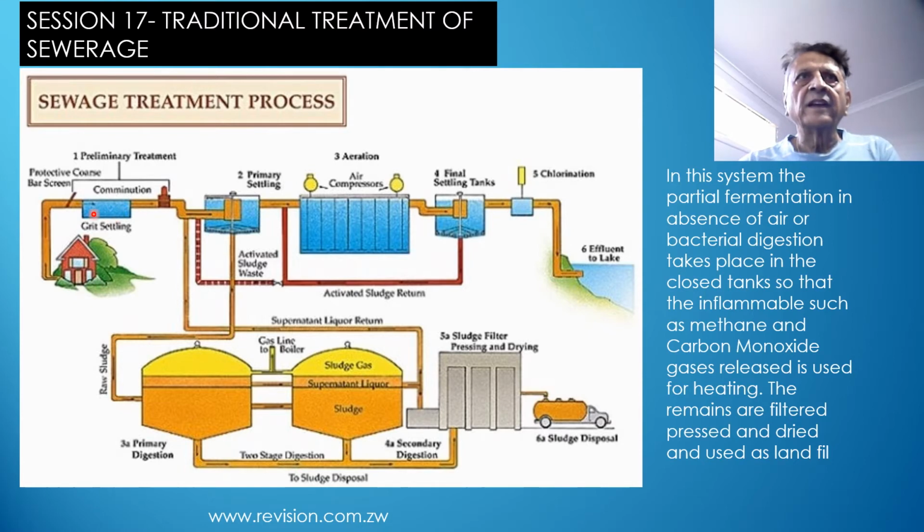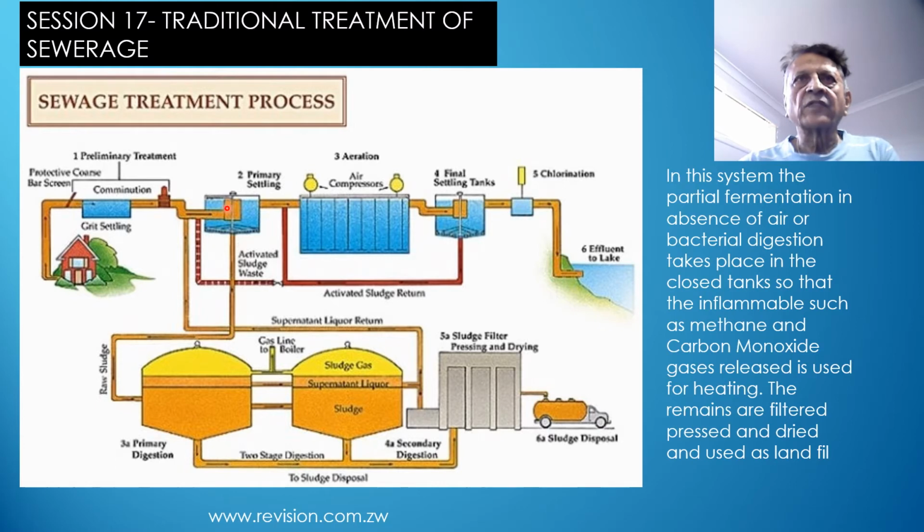Immediately the grit is removed through the sieve, and it goes into the primary settling tank. As you would have seen in the last slide, the sludge is taken back to the waste. It can be digested, and further, after the digestion, it can be removed.